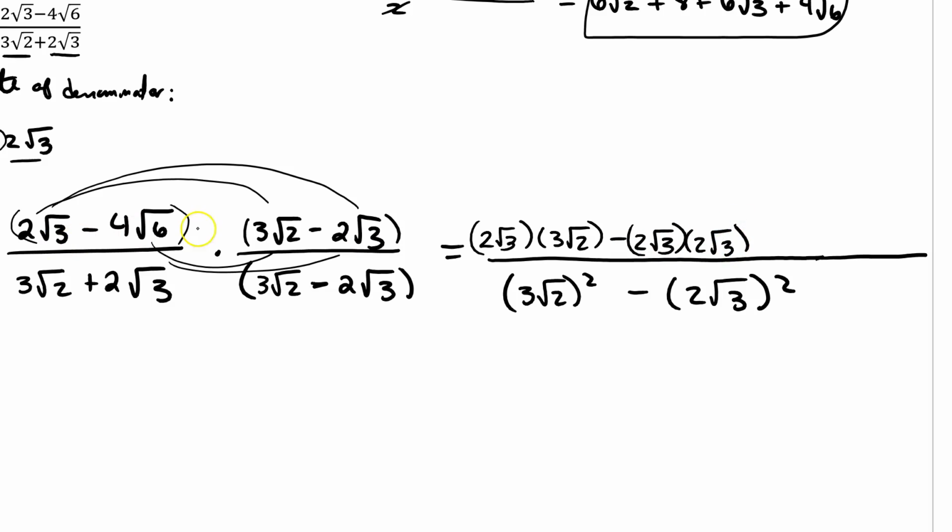The reason I say minus is because this is negative 2 root 3 multiplied by positive 2 root 3. Then this one is also negative, negative 4 root 6 times 3 root 2. Negative times a negative is positive, so it's plus 4 root 6 times 2 root 3.